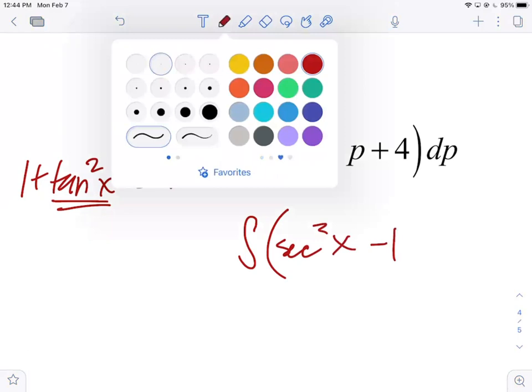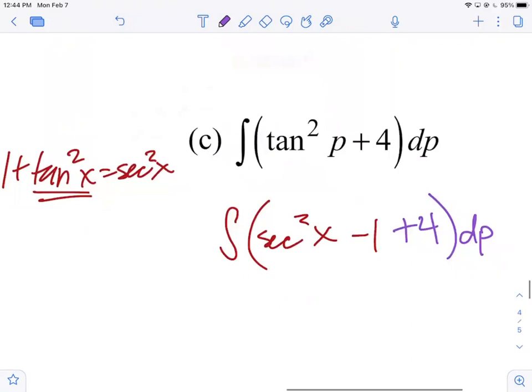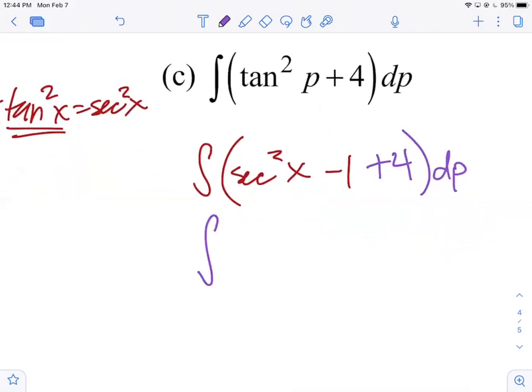And then we have the plus 4 that's just hanging out over there. You need parentheses around your integrand if it's ever more than one term, okay? Because remember, that dx is technically multiplied by every term. So make sure you have parentheses. If it's a single term, you really don't need them. Hey, -1 plus 4, don't tell me, don't tell me. 3, right? So you see why we kind of kept it?